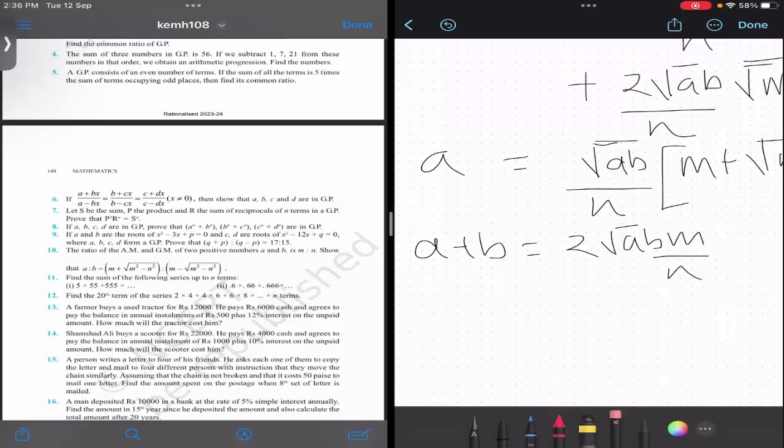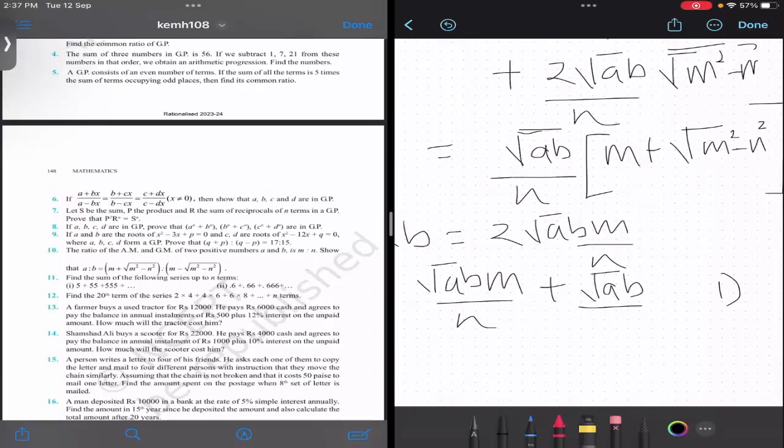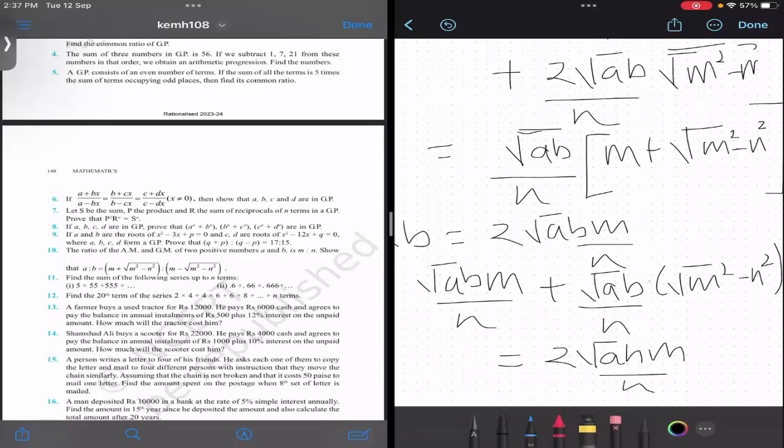So plugging in this value into this equation, B plus A, the value of A is nothing but root AB M upon N plus root AB by N, into brackets you would have under root M square minus N square, and this is equal to 2 root AB M upon N.